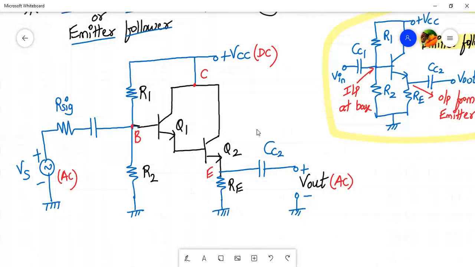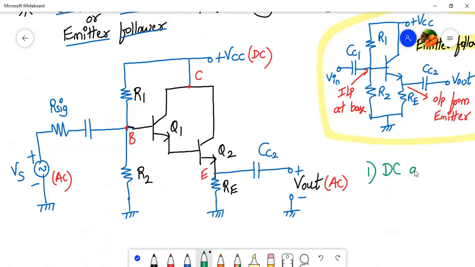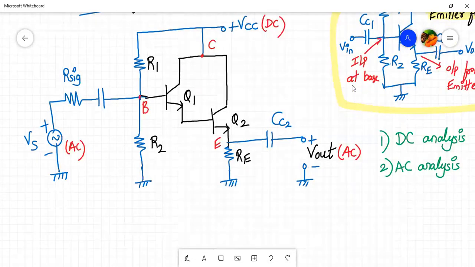For this amplifier, again, we will do two types of analysis: DC analysis, where we will find the Q point, and AC analysis, where we can find the voltage gain, the input resistance and the output resistance of the circuit. So now let us start directly with the DC analysis.